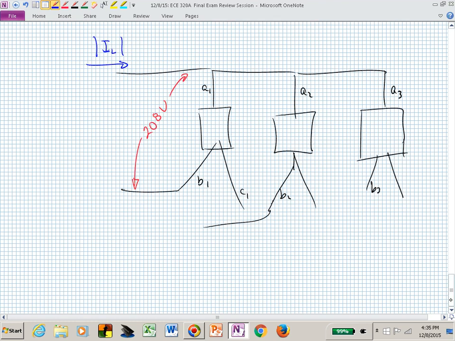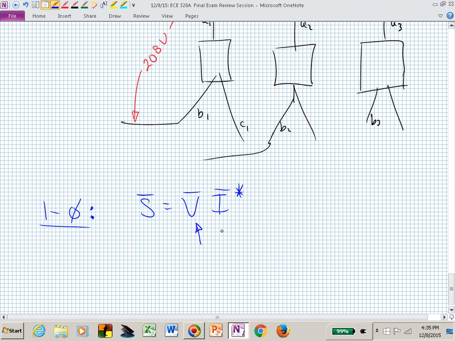You've told me that for a single phase, what's the expression for complex power? S star is V I star. We've now converted our voltages.